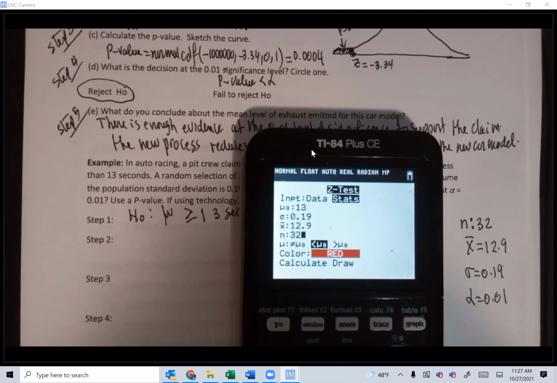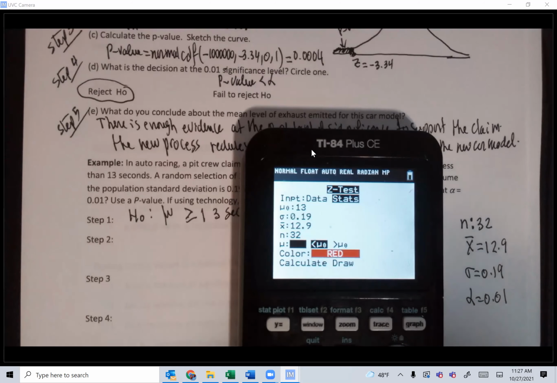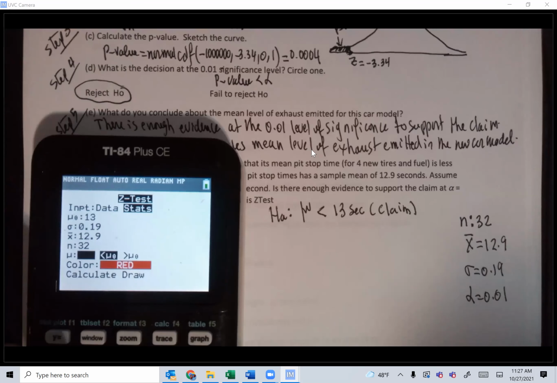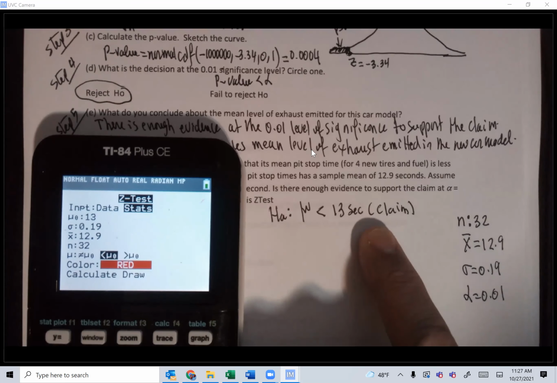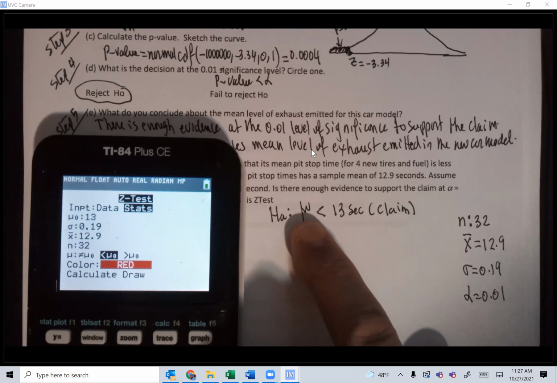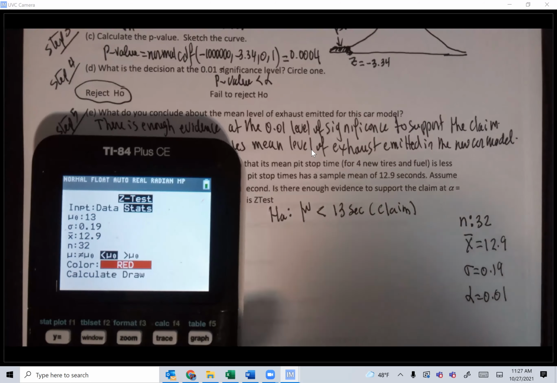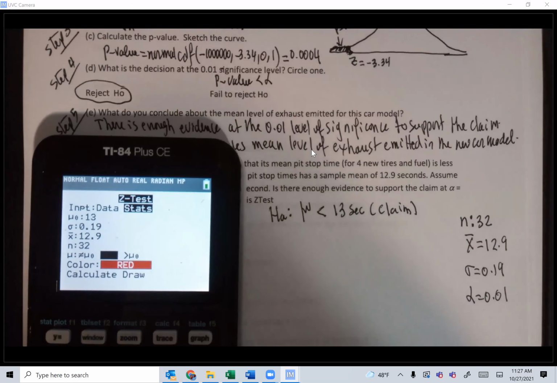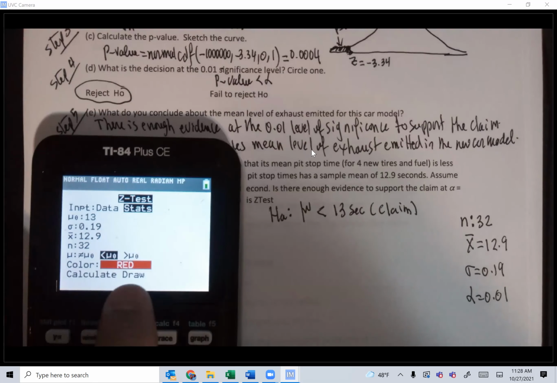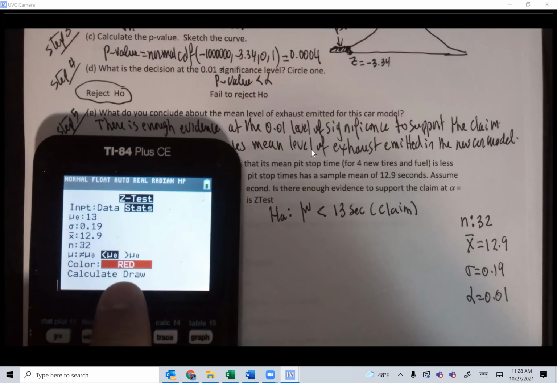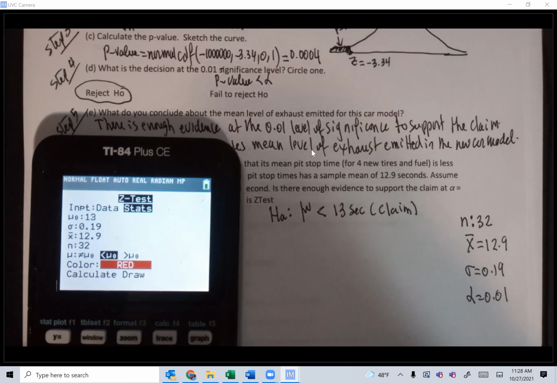You can stop me at any time. It's very, very important to understand what I'm doing right here. And now, guys, I need the sign from the alternative hypothesis, not from the null, from the alternative. It's less than. It's the same as the previous exercise. And let me show you the difference between calculate and draw. For draw, I will give you those two values, but I will draw the p-value as well.